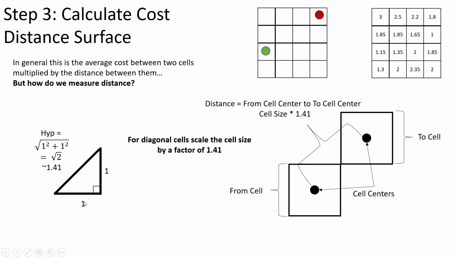So if we have a side length of 1 and a side length of 1, using the Pythagorean theorem, 1 squared plus 1 squared is 2, so the hypotenuse is the square root of 2. Square root of 2 is approximately 1.41. Therefore, when you have diagonal cells, whatever the cell size is, if you multiply it by 1.41, you're going to get the distance between two diagonal cells.